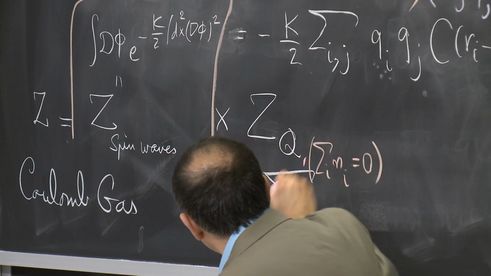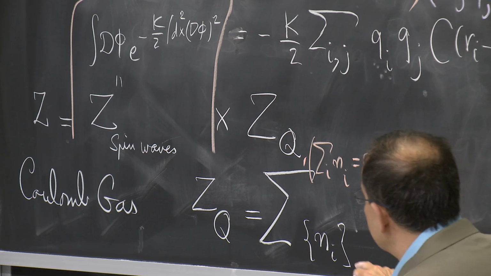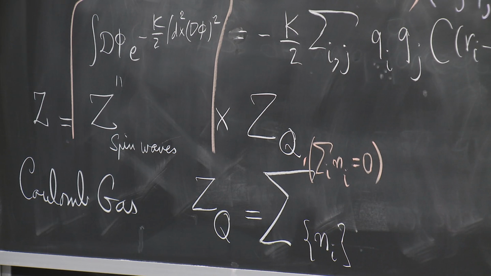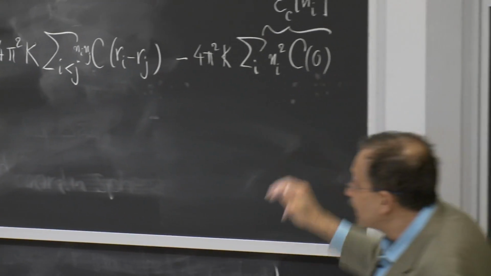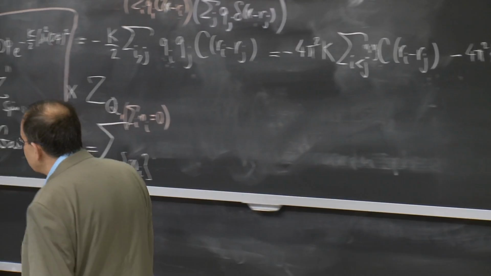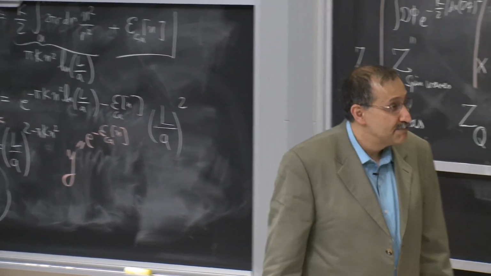So I want to do that constraint sum. So I only want to look at neutral configurations. Once I have specified, let's say that I have 8 charges, 4 plus and 4 minus, well, there is a term that is going to come from here. And I kind of said that the exponential of this term I'm going to call y.